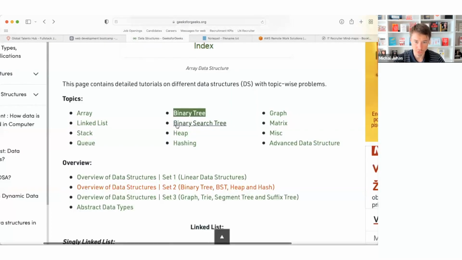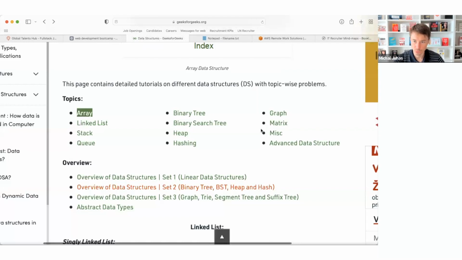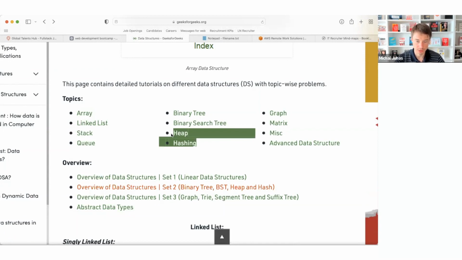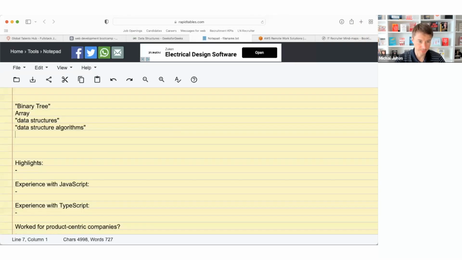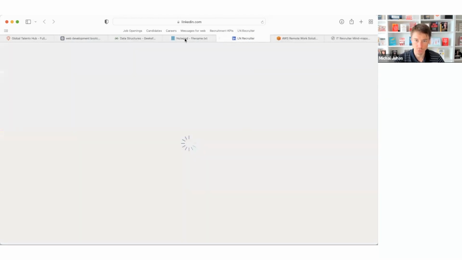We could also try array. We could try heap, hashing. Let's try what comes out of this, heap or hashing. With a binary tree, I would probably be most hopeful. Array as well, data structure, data structures. So let me open up LinkedIn and we will try it out.